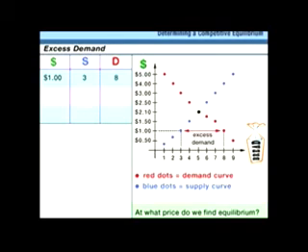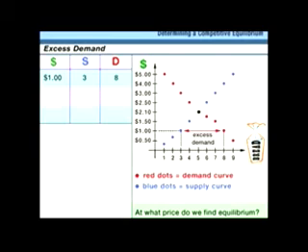That is, buyers are willing and able to purchase 8 loaves of bread at a price of $1. The fact that there are more buyers than sellers, or the quantity demanded is greater than the quantity supplied at a price of $1, means that we have excess demand. We have excess demand, which is the difference between the quantity demanded and the quantity supplied at the price of $1. I'll label this with a little sign that says excess demand.